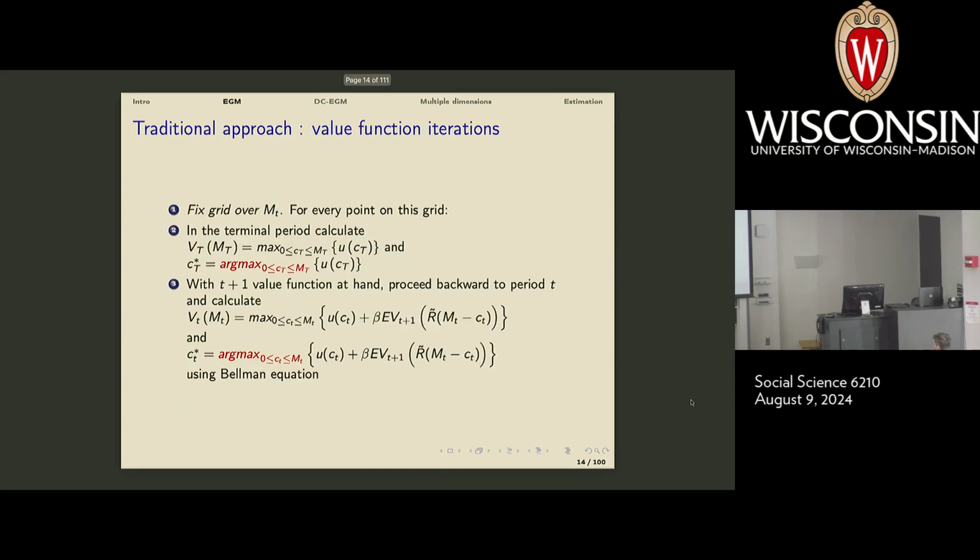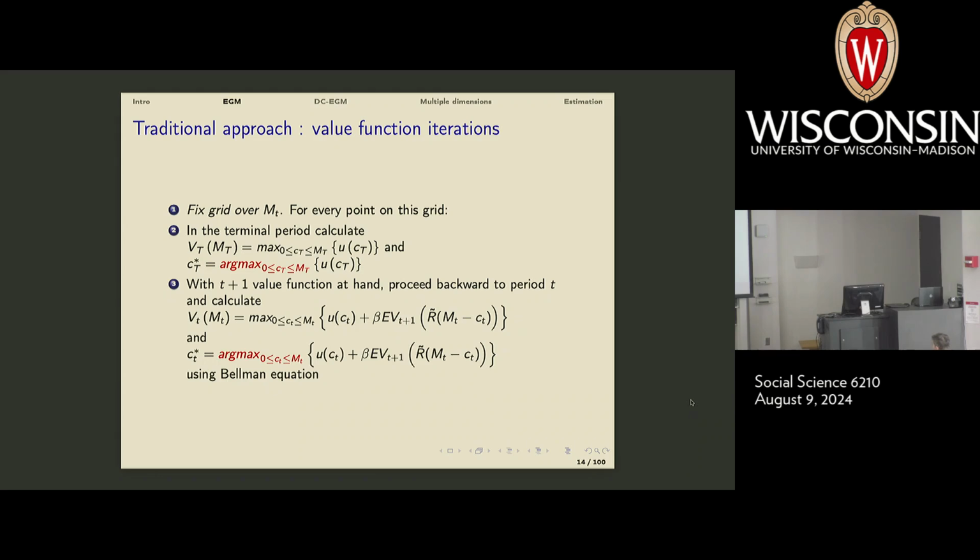Okay, so traditionally, how would we solve this model? Dynamic programming, backwards induction, or we start with some capital T and then iterate to convergence. Doesn't really matter fundamentally. We first fix the grid over the state space. In the discrete choice models, we usually imply that the state space is discrete or discretized.